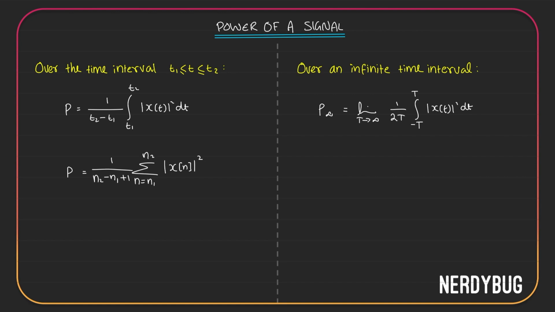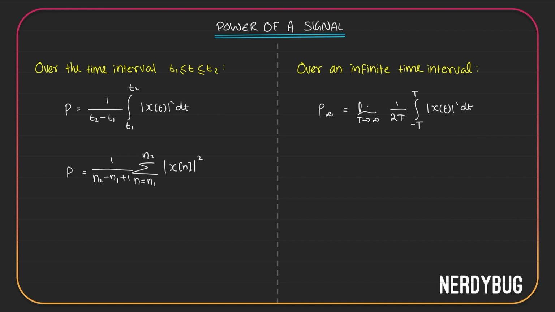So I integrate from minus t to t, and t tends to infinity. So what will be here? Upper limit minus lower limit, t minus minus t, that is t plus t, that is 2t. So instead of writing infinity minus infinity, which is absurd, we use limit.